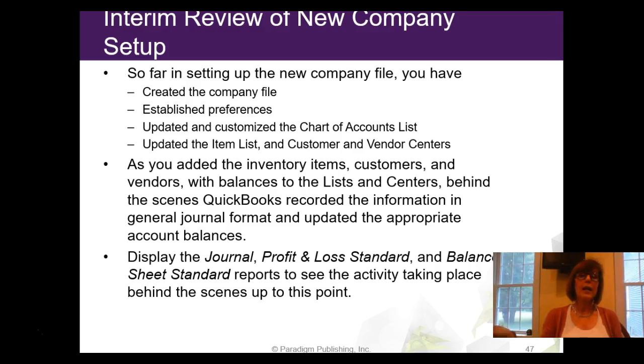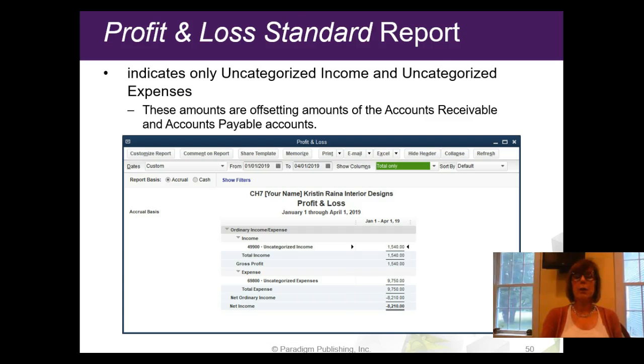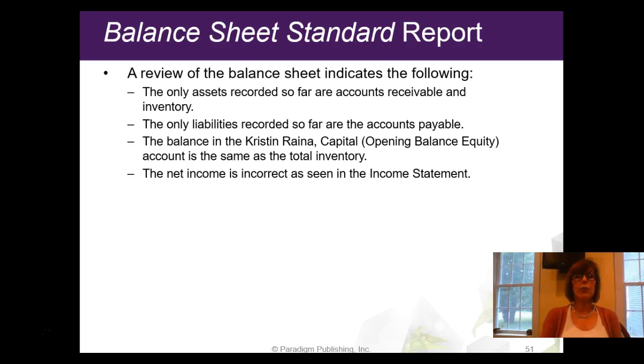And again, if we are not starting this company from scratch, but in fact we are transferring over from an existing company that we were doing under either a manual system, or maybe we're just using Excel or something like that, something that won't automatically import its data, we're going to want to make sure that we haven't transposed a number, that our balances are what they were when we were using the other system. So we're going to want to make sure that we print out a profit and loss and compare that to the system that we've migrated our data from.